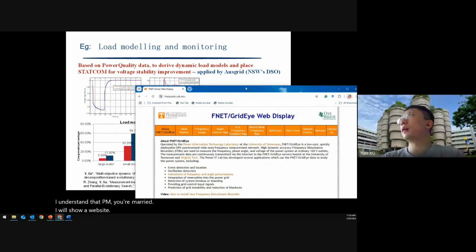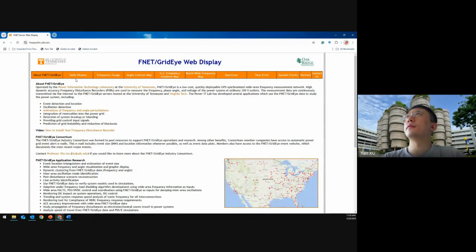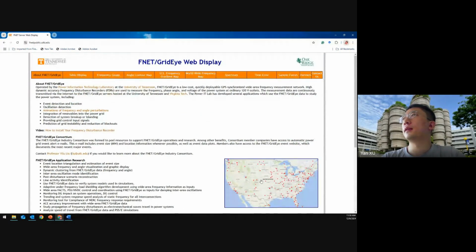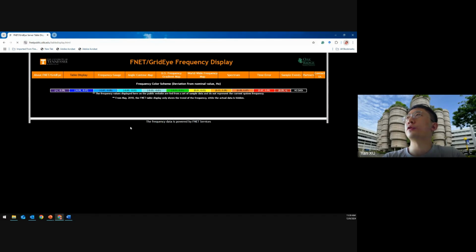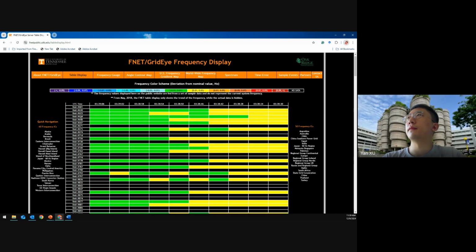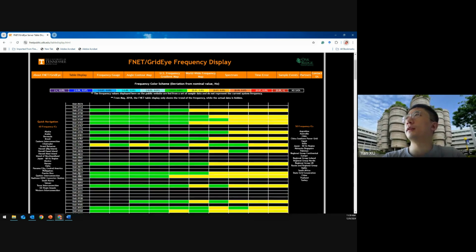Here, in the USA, the University of Tennessee has a platform to show the phasor measurement units and their real-time values installed in the USA and globally. I can quickly show you. This is the table display of the PMU measurements, actually the frequency measurements collected from different units.